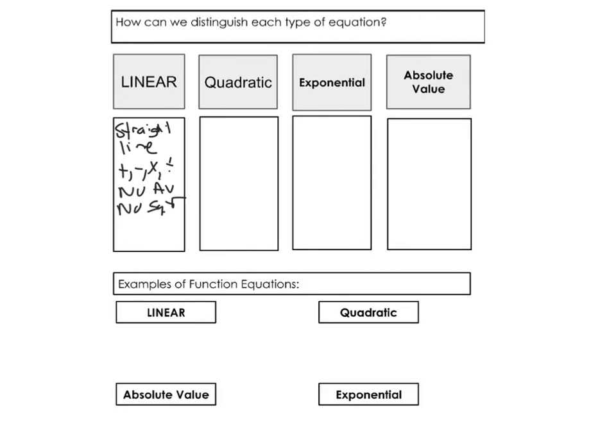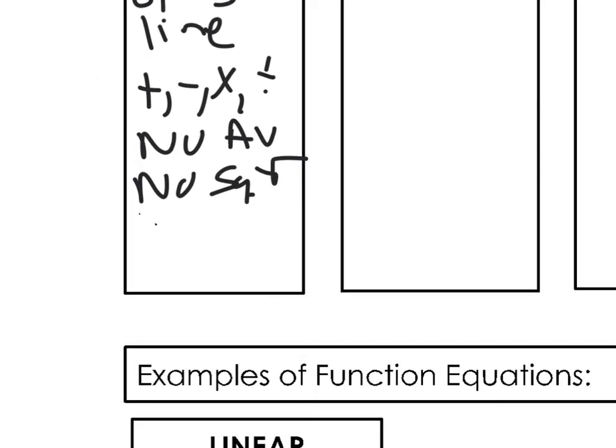There's also no variable in the denominator. Like if you had 3 over x equals 2, that's not a function.